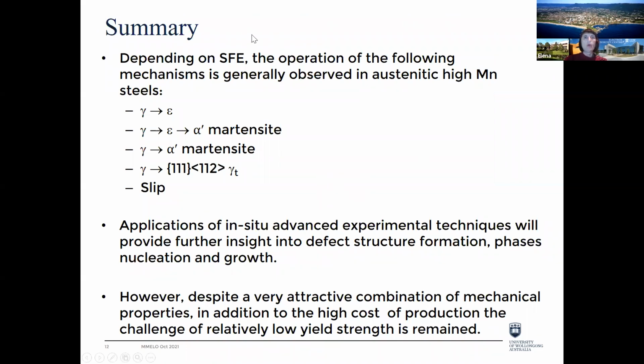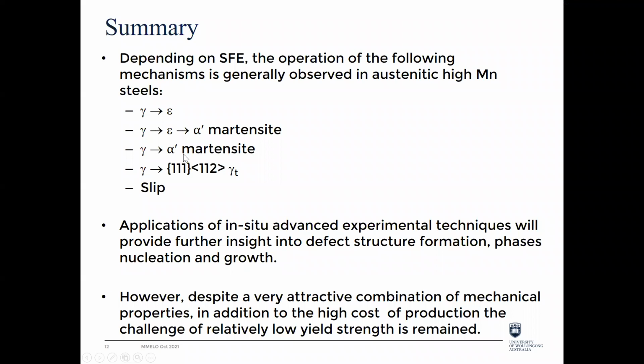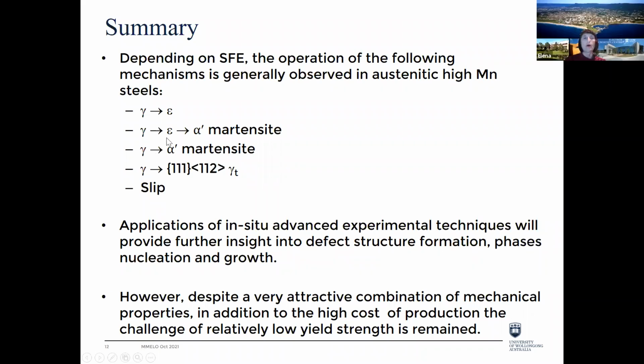To summarize, we know that depending on the stacking fault energy of austenite in austenitic high manganese steels, we have different deformation accommodation mechanisms operating, which could combine either one of them in addition to slip, or a combination of phase transformations, where, for example, alpha prime Martensite could form directly from austenite or via epsilon Martensite formation.